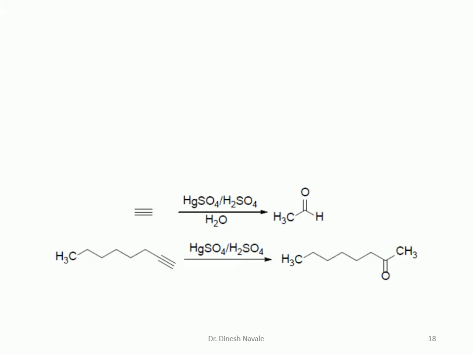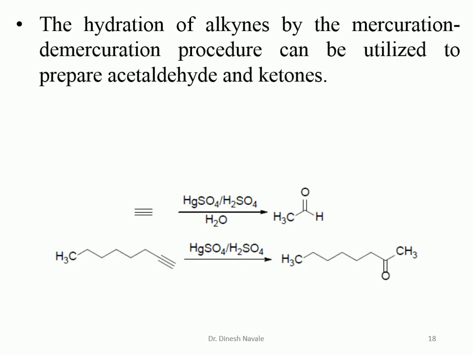So these are some of the examples. We are going to see that the hydration of alkyne by the mercuration, demercuration process can be utilized to prepare acetaldehyde and ketone. In this step, this is a simple alkyne, which on reaction with mercury sulfate will give the formation of acetaldehyde.